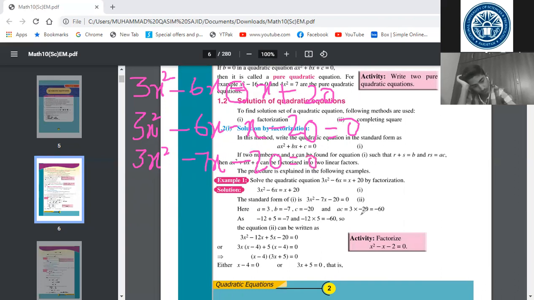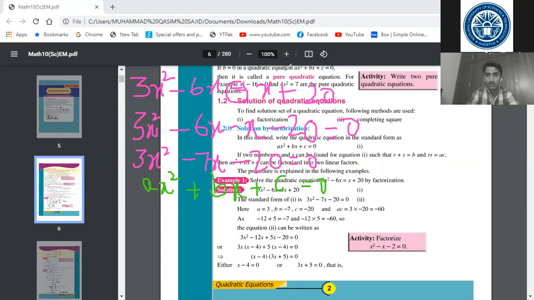So this is the standard form of ax square plus bx plus c equals 0. Here the a value is 3, b value is minus 7, and c equals minus 20.